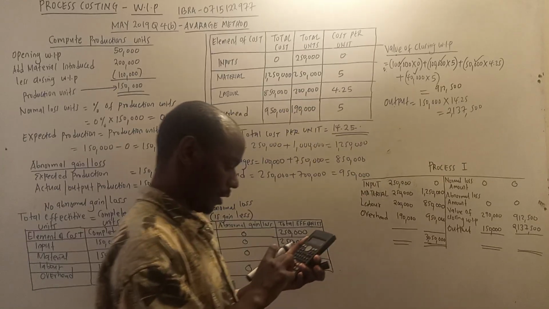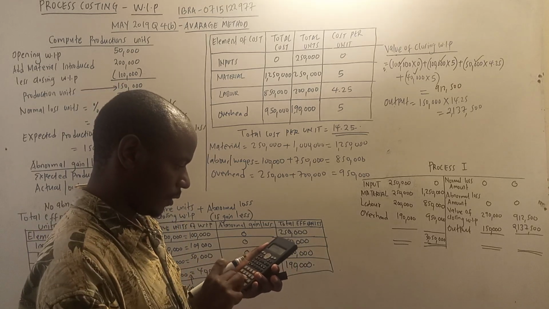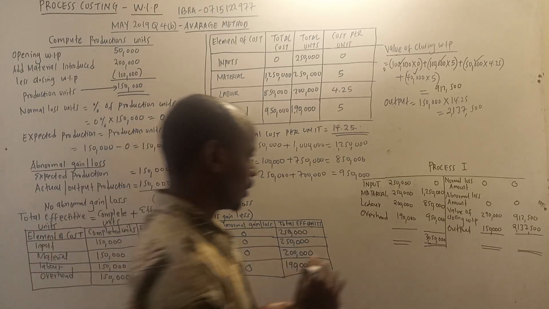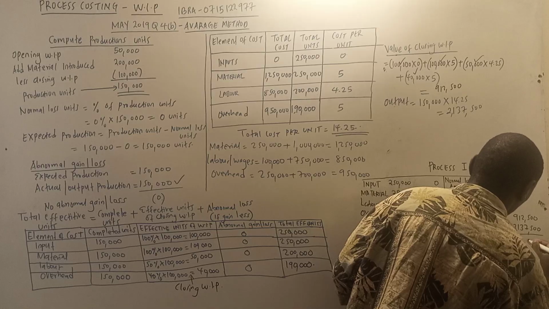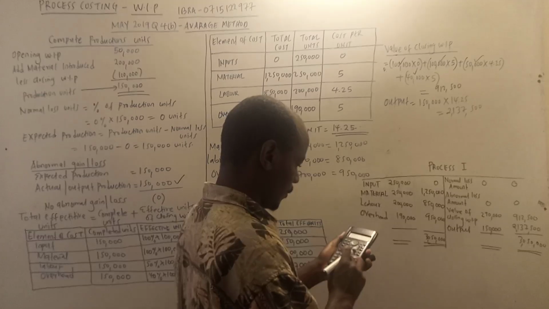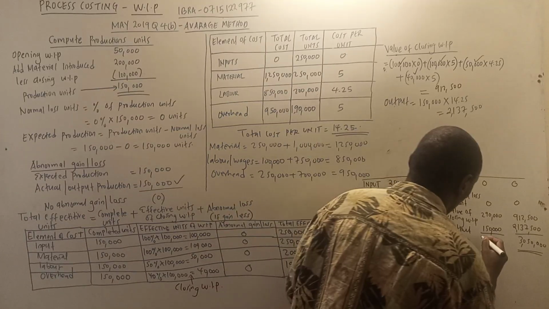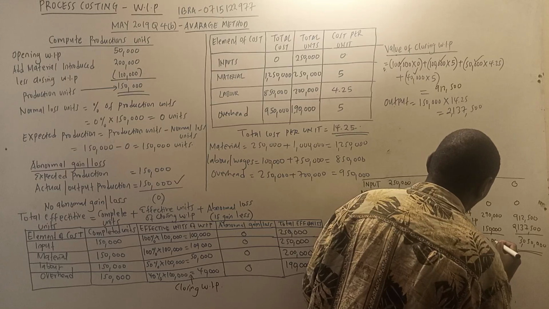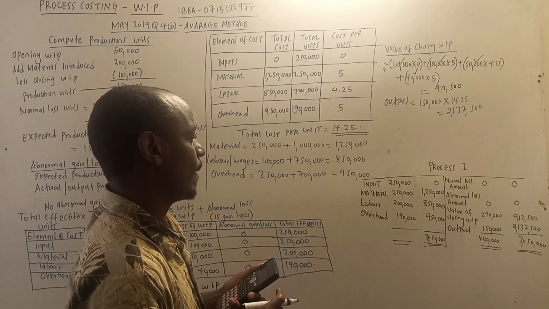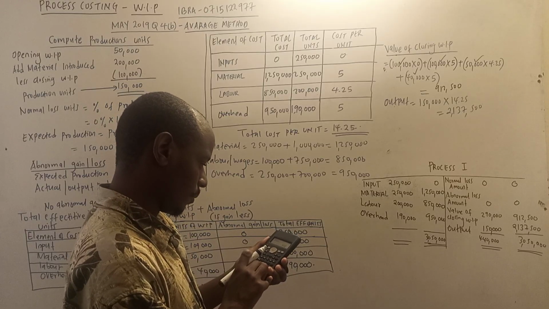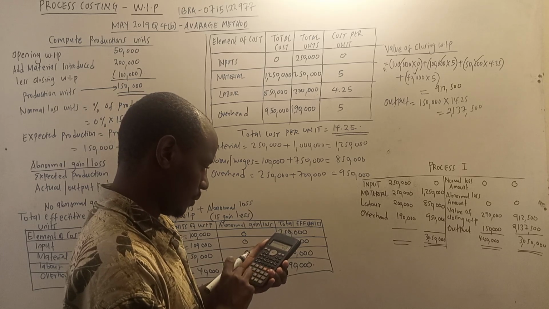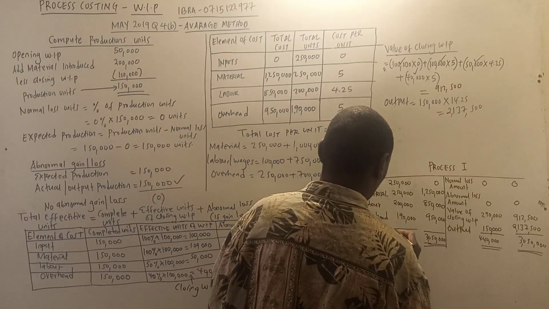Then 912,500 plus 2,137,500, so 3,050,000. What about units? Let us see 150 plus 290. How many units? This one is for 440,000 units. What about the other one? Let's see 250 plus 250 plus 200 plus 190. This one is 890.